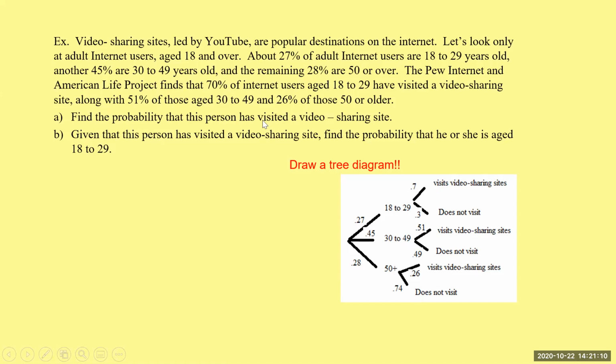Find the probability that this person has visited a video sharing site. Well, has visited a video sharing site would be from our 18 to 29 group, right? Has visited from our 30 to 49 group, and has visited from our 50 plus group.